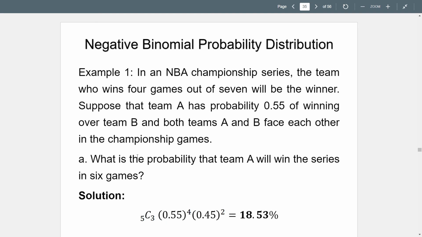Team A will win, so the winning chance is 55%, to the power of 4, 4 out of 7. Then the probability of failure, which is 1 minus p, or 1 minus 0.55, will give you a 45% chance.